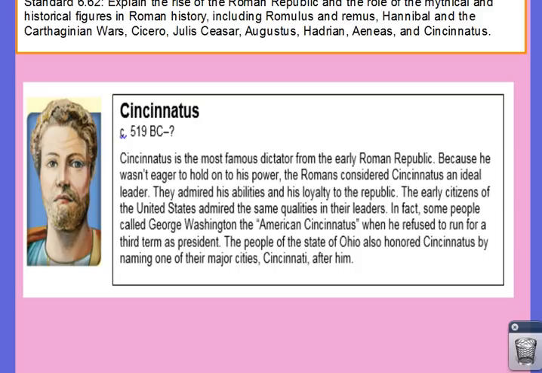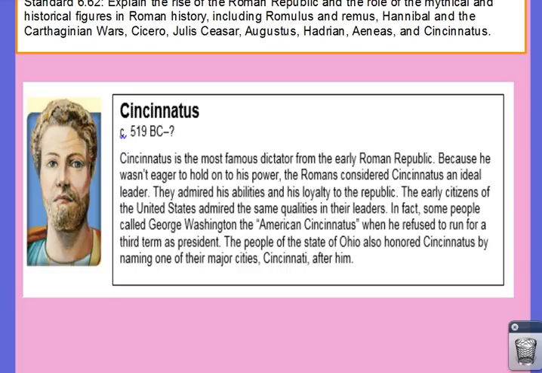Let me explain what this means by him not being eager to hold on to his power, because he was a very powerful man for a while. In the ancient Roman time period, dictators usually were only used during a time of crisis, especially since Rome was already a republic.